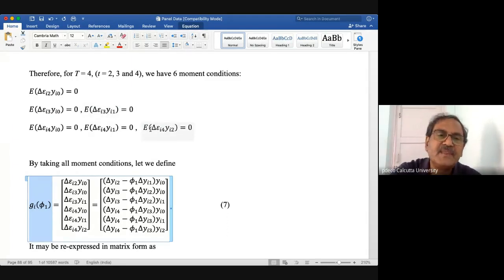This is the basic framework for GMM. So gi of phi1 is equal to these 6 moment conditions written in a vector form. This is the first moment condition for t is equal to 2, 2 moment conditions for t is equal to 3, and 3 moment conditions for t is equal to 4. So you have these 6 moment conditions.